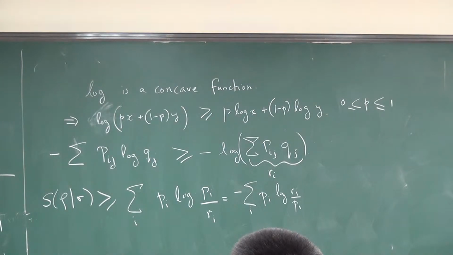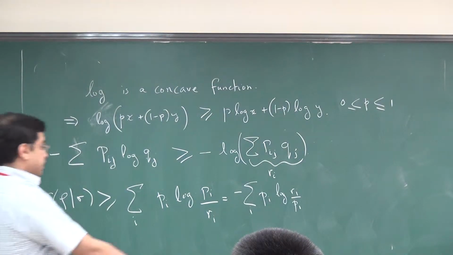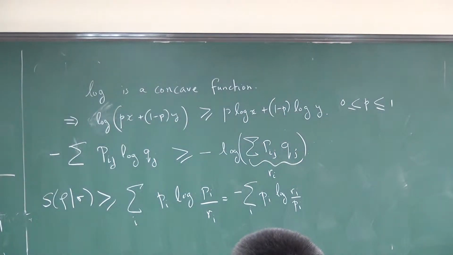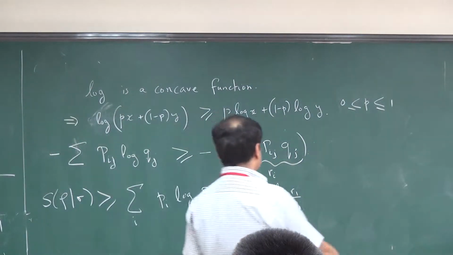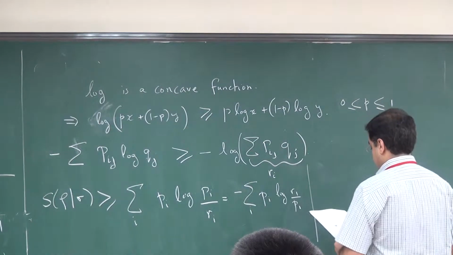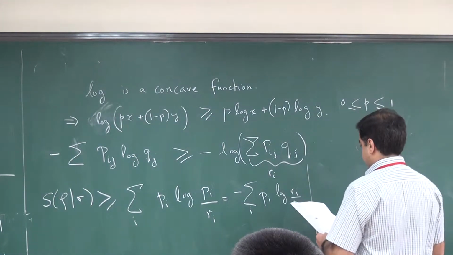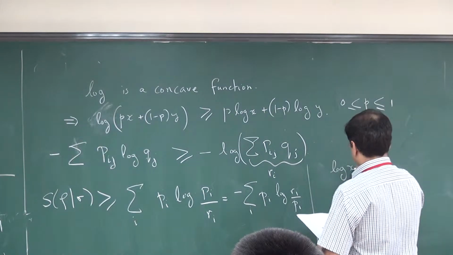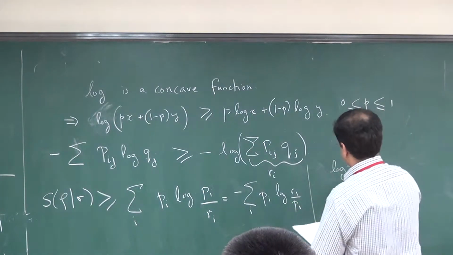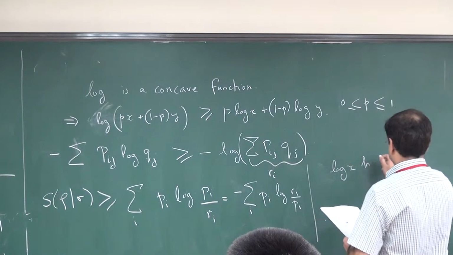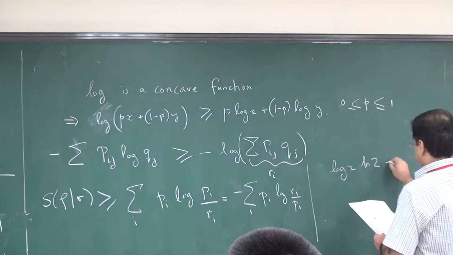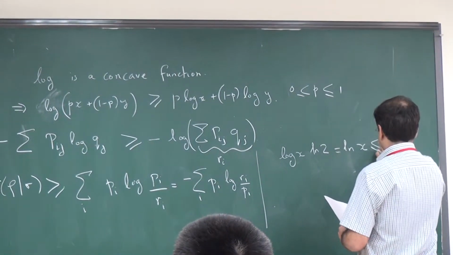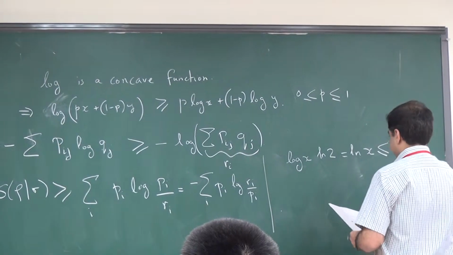There's one more step: I need to show that this quantity is greater than or equal to 0, and that will complete the proof. So the next step of the proof is straightforward. What you need to use is log of x. All the logs that I've written here are with base 2. So log of x times the natural logarithm of 2 is the natural logarithm of x, and this natural logarithm of x satisfies the following inequality: it is less than x minus 1.